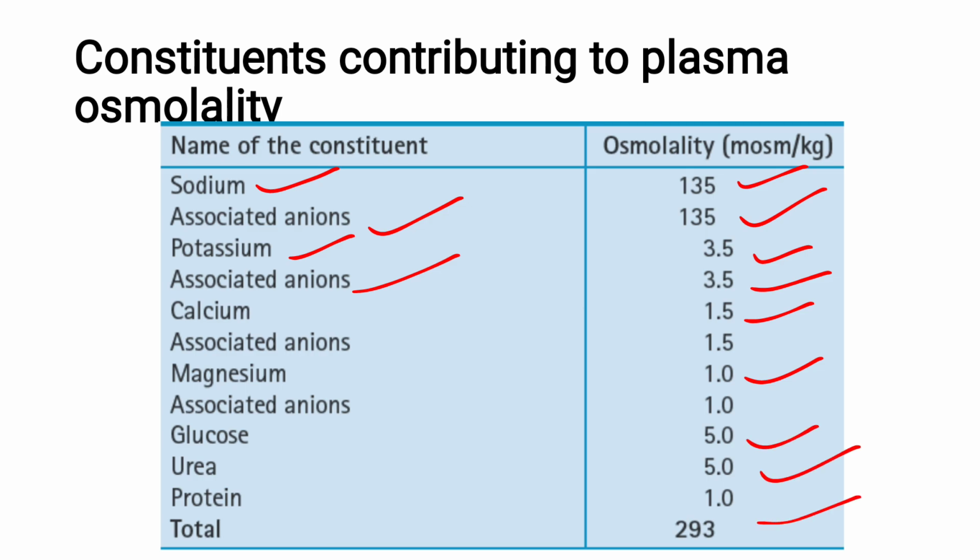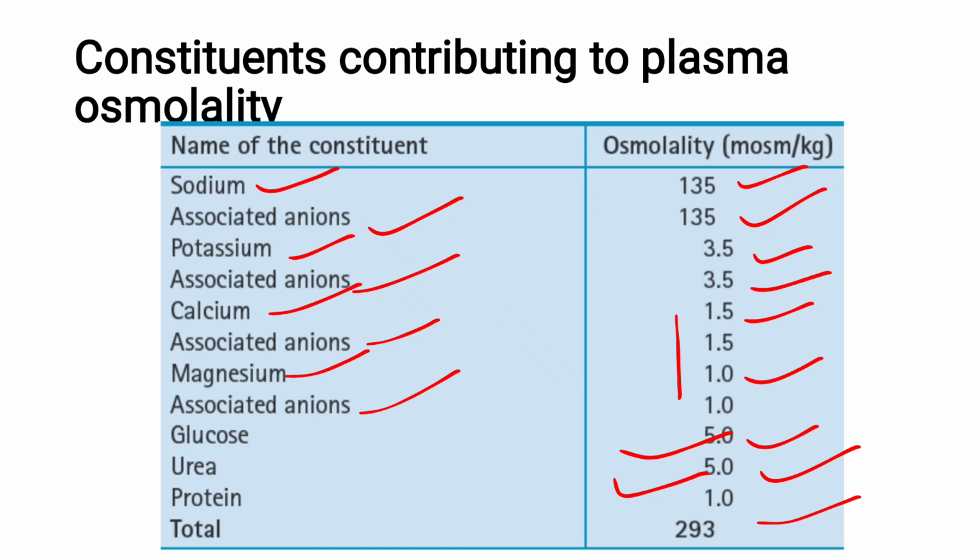If you take the other constituents apart from sodium and potassium, the next highest concentration is of glucose and then of urea. That is the reason why we include glucose and urea in the calculation of osmolality. Even though other substances like magnesium, calcium and their associated anions contribute to the osmolality, their effect is relatively less.